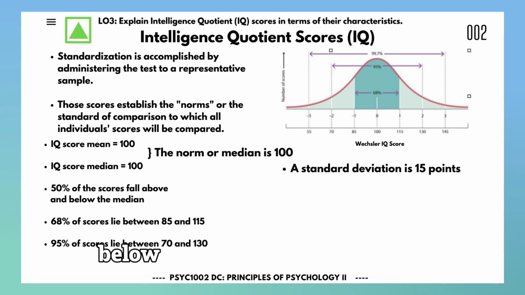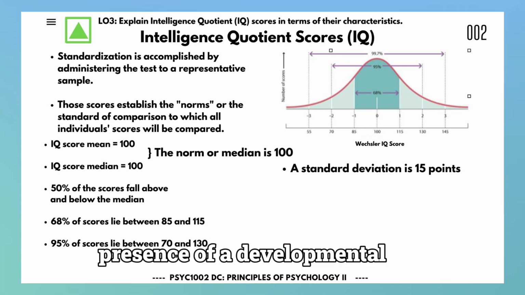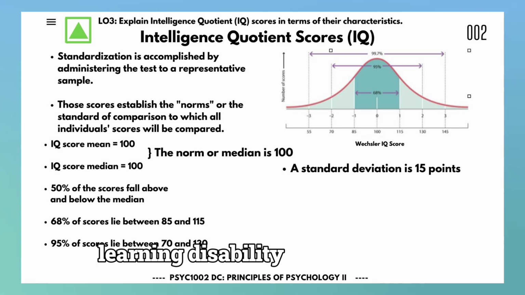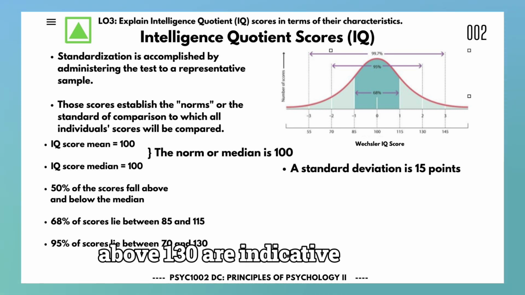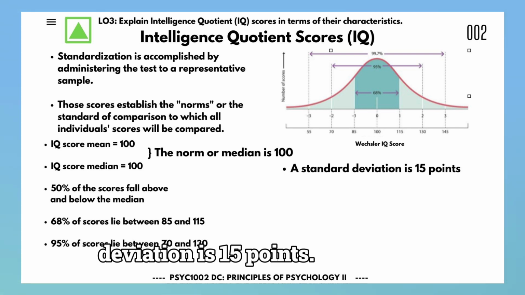Scores below 70 are indicative of the presence of a developmental or learning disability, and scores above 130 are indicative of giftedness. So those are important characteristics.